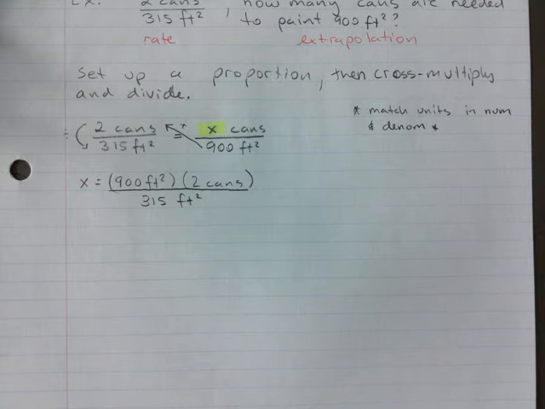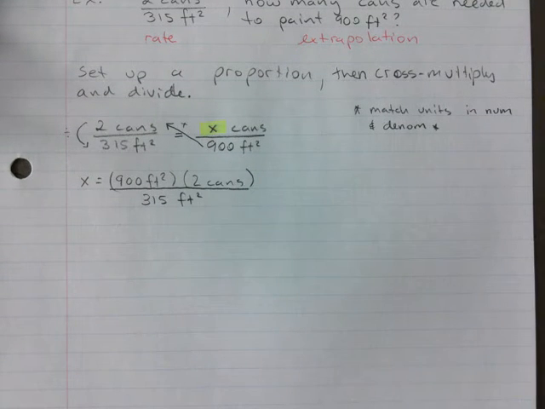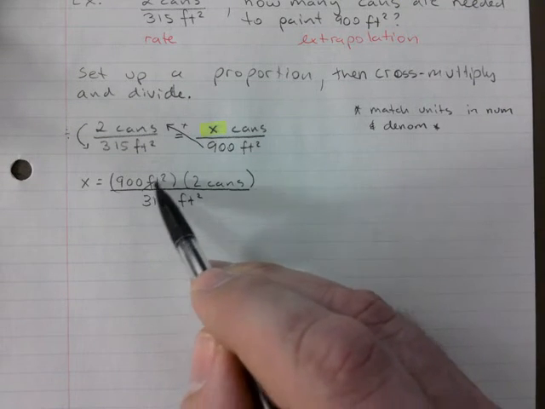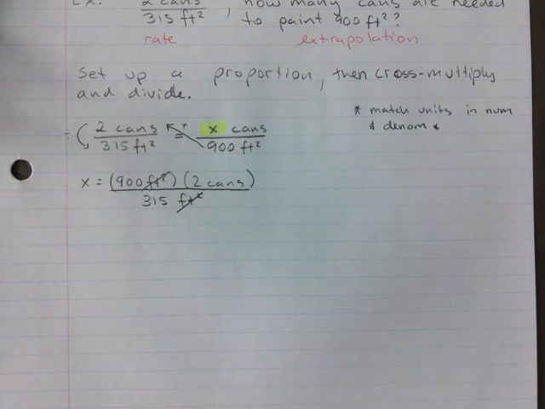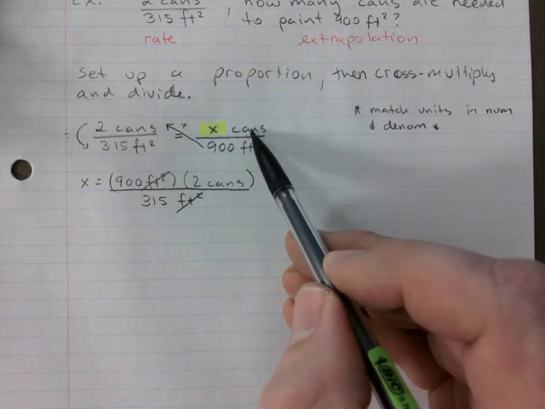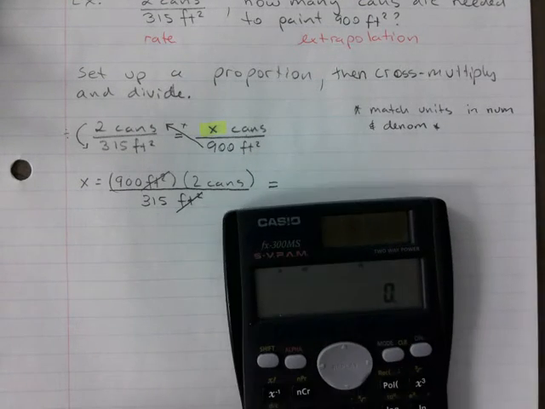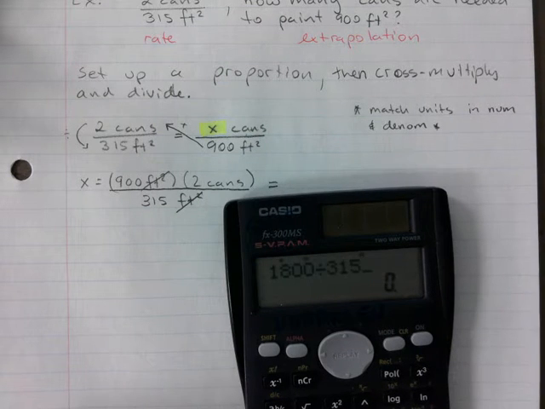I'm not too picky with that, as long as you show me the numbers that you're multiplying and you're dividing. But watch what's happening here. The square feet actually cancel out with the square feet. So what are you left with? Cans, right? Which is what we want anyways. So you go ahead and calculate that. 2 times 900 is 1800, right? Divided by 315.